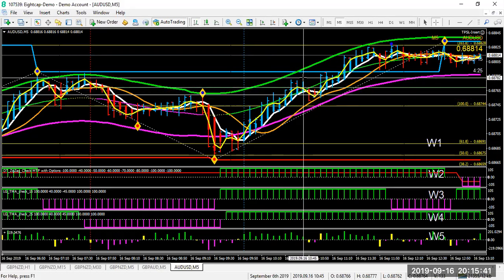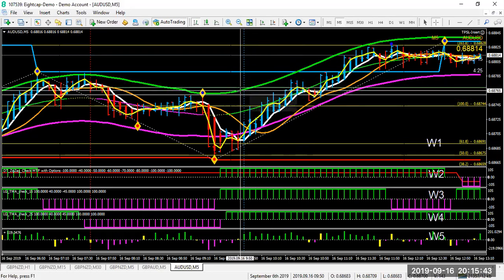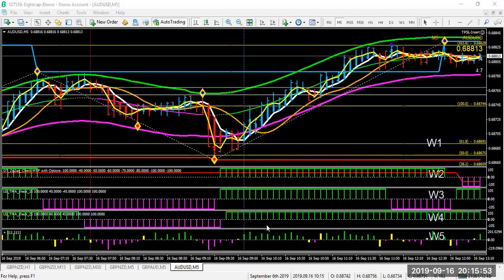The price is still moving up. Okay, there's a question. Okay, so once again, visually, information can be confirmed in many ways.